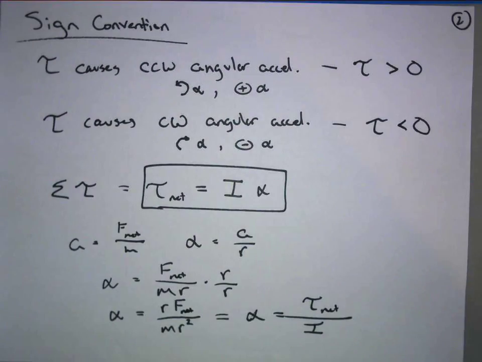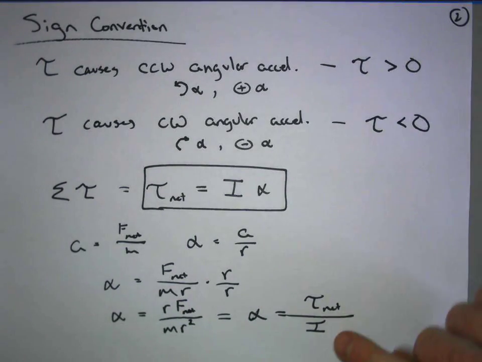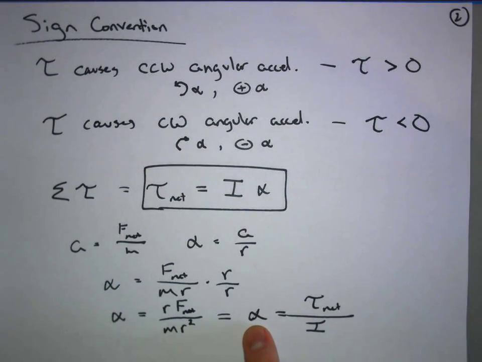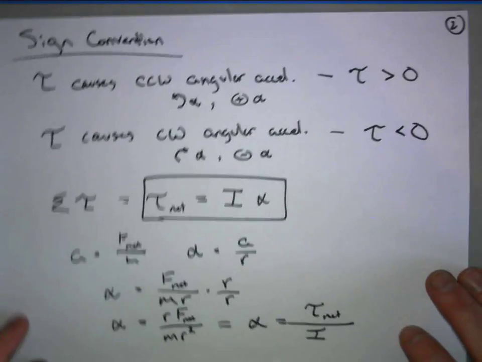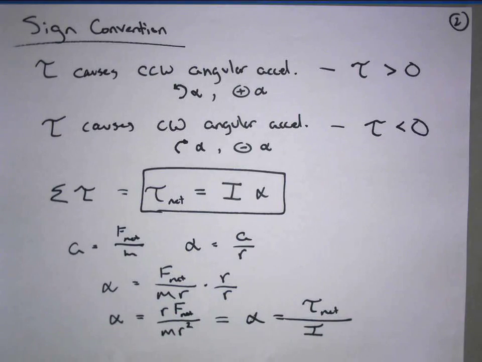So, very much analogous to the linear stuff with Newton's second law, forces and accelerations. We have basically rotational force, rotational mass, rotational acceleration, right? Same thing. Kind of a big deal. Okay, let's look at some interesting things that are going on here, though.